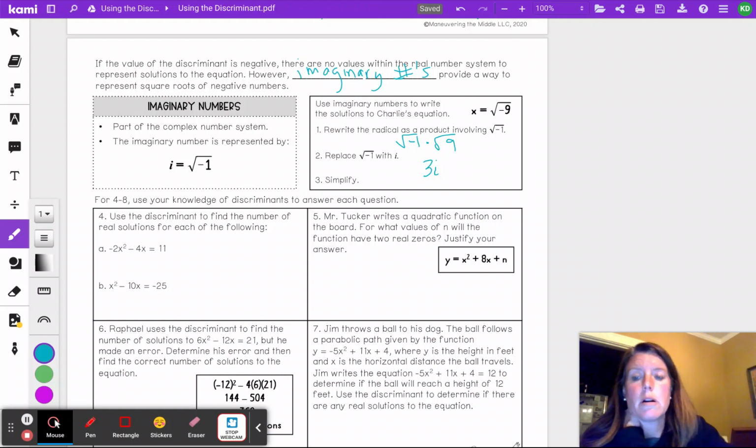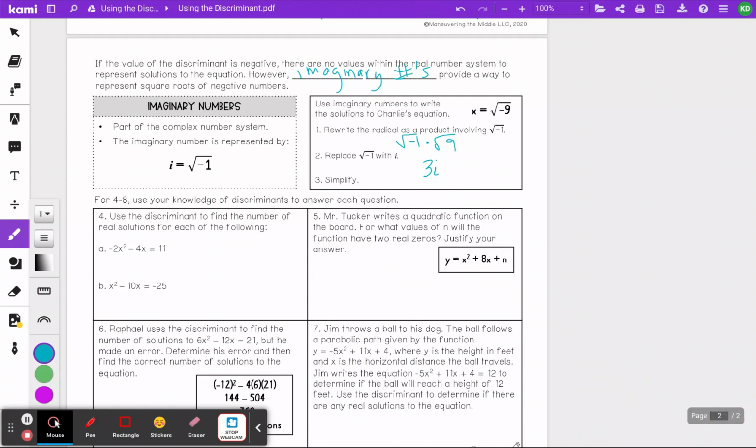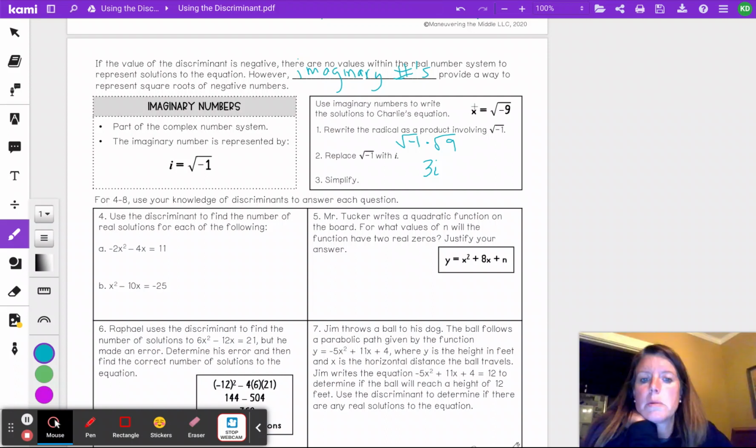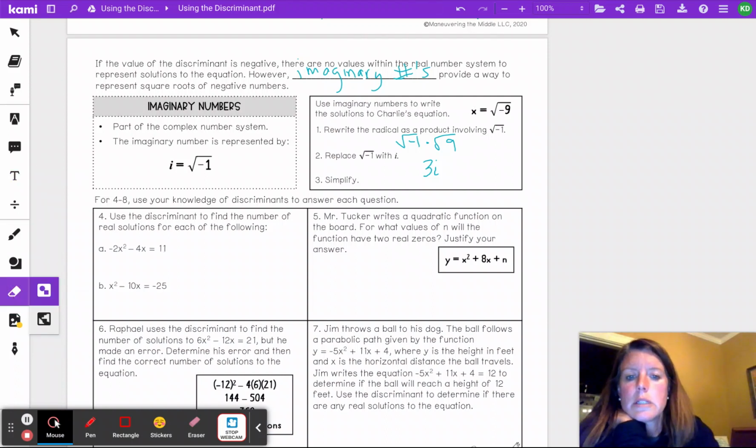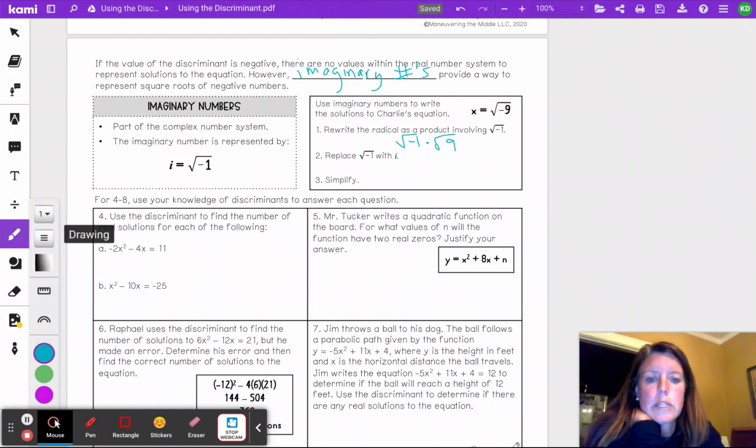Okay. But also we have to rewrite that as, let me back up. I think I'm getting ahead of myself a little bit. So we could rewrite that as i times square root of 9.